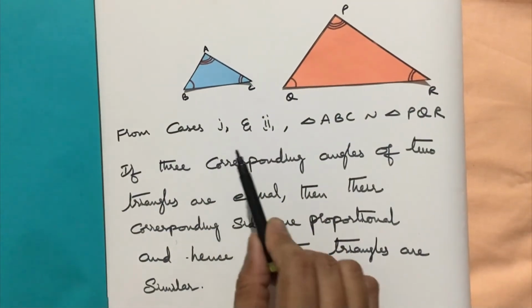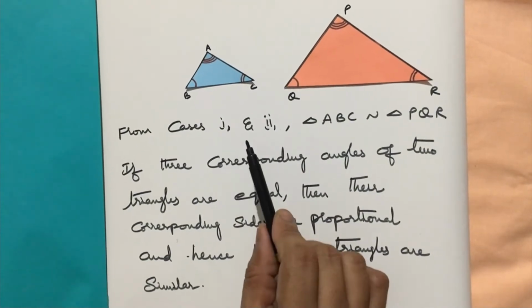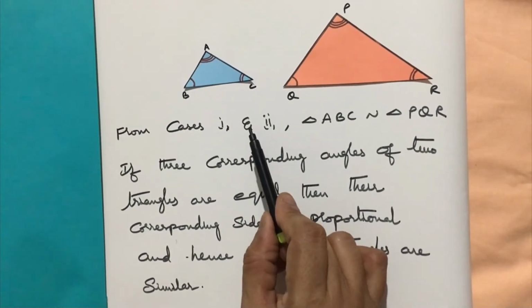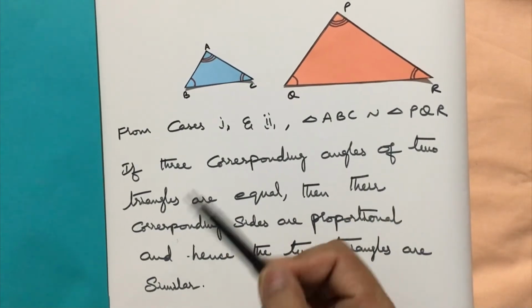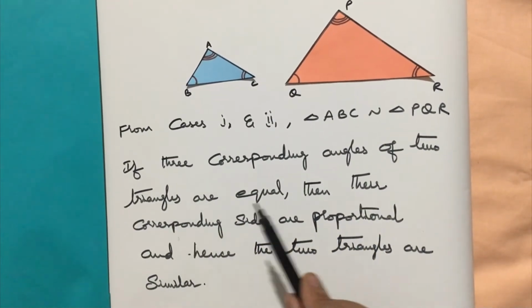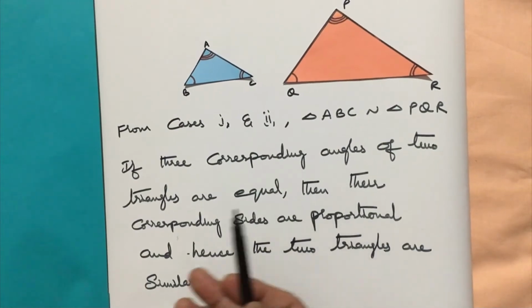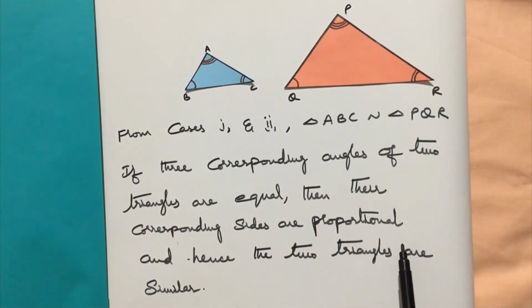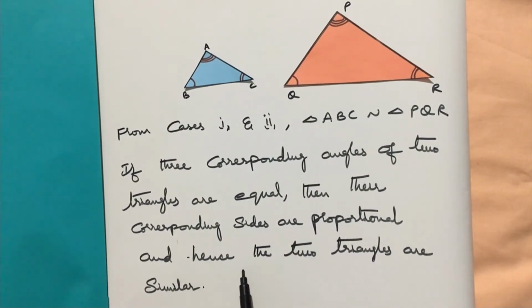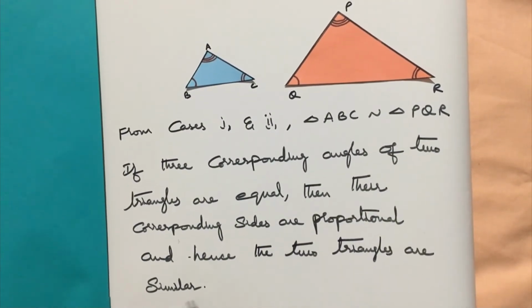So from cases 1 and 2, we can say that triangle ABC is similar to triangle PQR. So if the three corresponding angles of two triangles are equal, then their corresponding sides are proportional, and hence these two triangles are said to be similar.